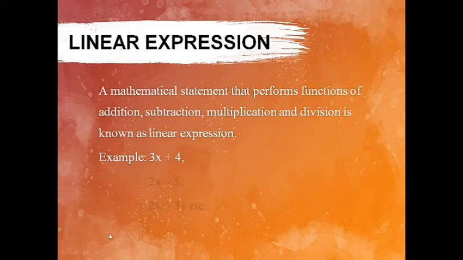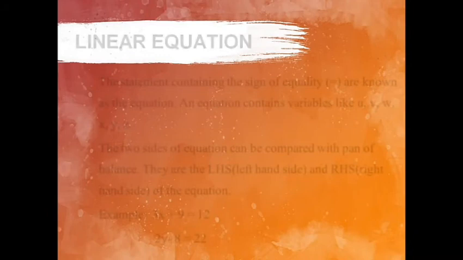The next examples are 2x minus 5, then one more, 2x plus 3y. 2x minus 5 is a linear expression where we are performing subtraction between two terms, and 2x plus 3y is another linear expression. You can notice that numbers plus variables are both used.